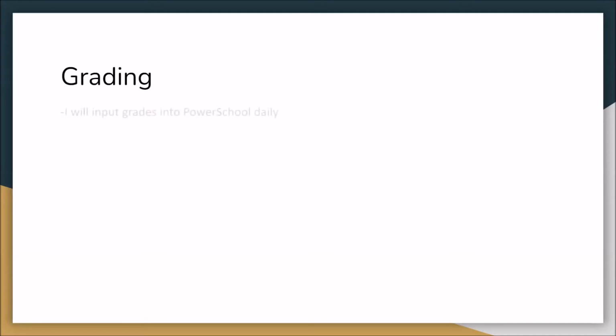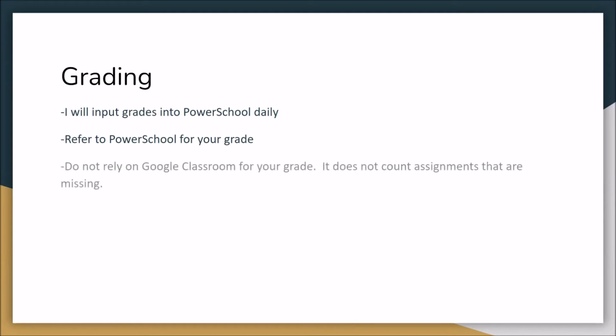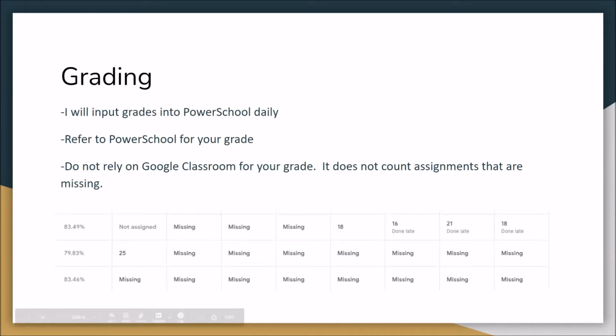Okay, so grading. I will input grades into PowerSchool daily. So when I'm grading your work, I'm putting it into PowerSchool right away. So you want to look at PowerSchool for your grades, because one of the things that happens is on Google Classroom, it will not show your correct grade. It doesn't count assignments that are missing. So for an example, here's something from my grade book.